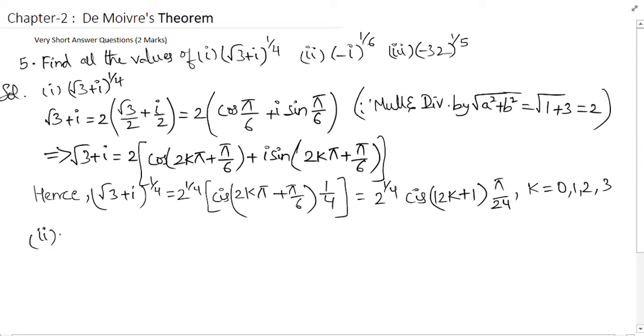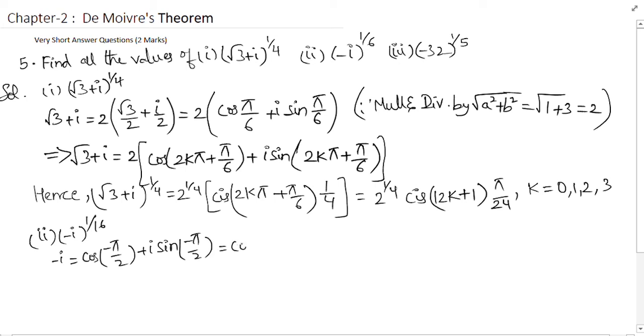Then next we'll move to the second bit, that is minus i to the power 1 by 6. So minus i is equal to cos of minus pi by 2 plus i sine of minus pi by 2, right?